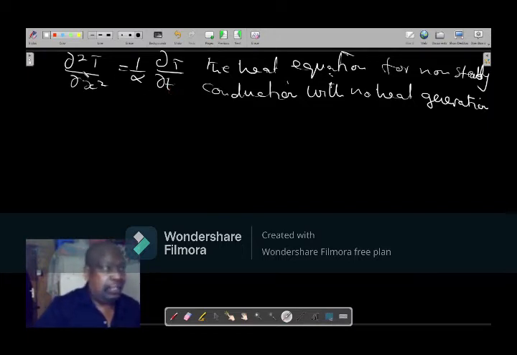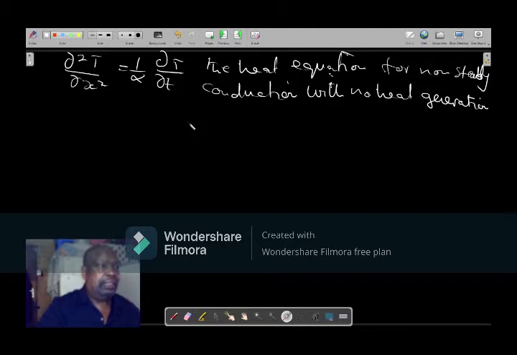And because of that reason, it becomes very difficult to solve this second order partial derivative. So what do we do? We can try to solve this equation by introducing what we call a dummy variable.